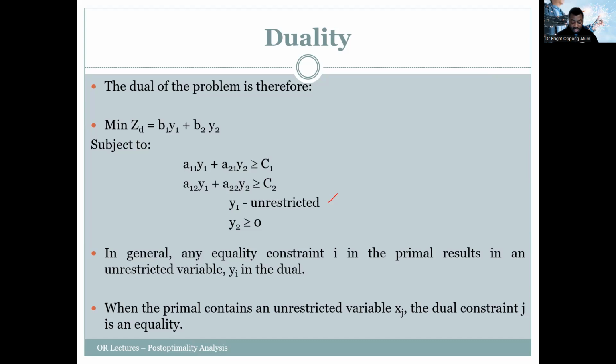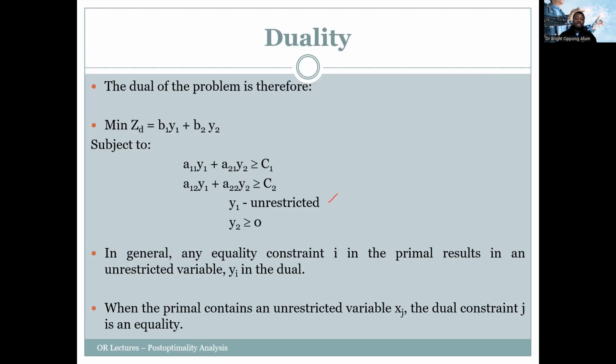So in general, any equality constraint i in the primal results in an unrestricted variable yi in the dual. And when the primal contains an unrestricted variable xj, the dual constraint j is an equality. So it is the opposite, right?